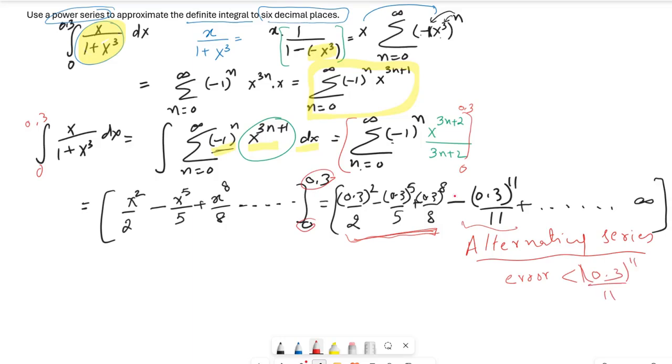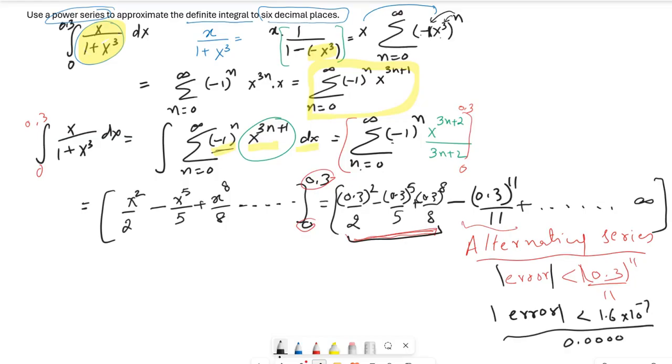So you can calculate that. I'm saying if I just calculate three terms, then the error in absolute value would be less than 1.6 times 10 raised to the power negative 7. That is like 0.0000016. That's too small an error, so we are good with that, right?